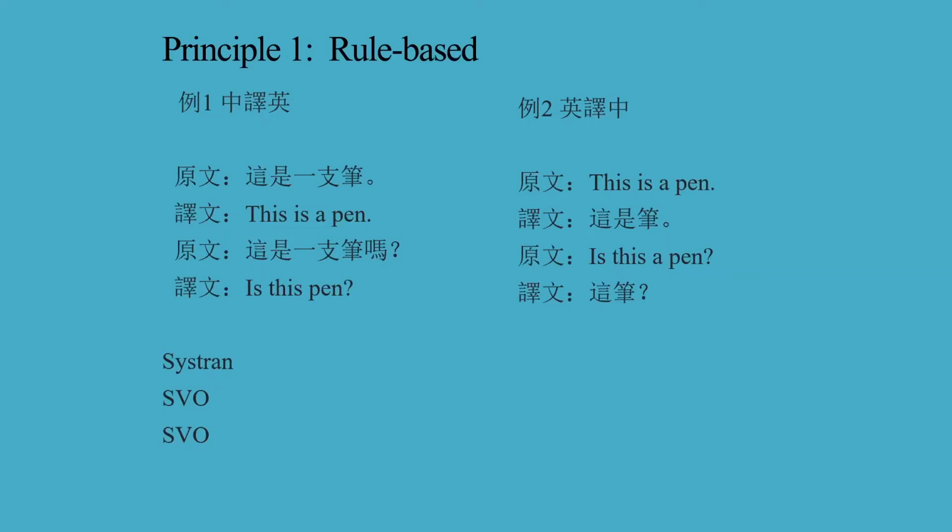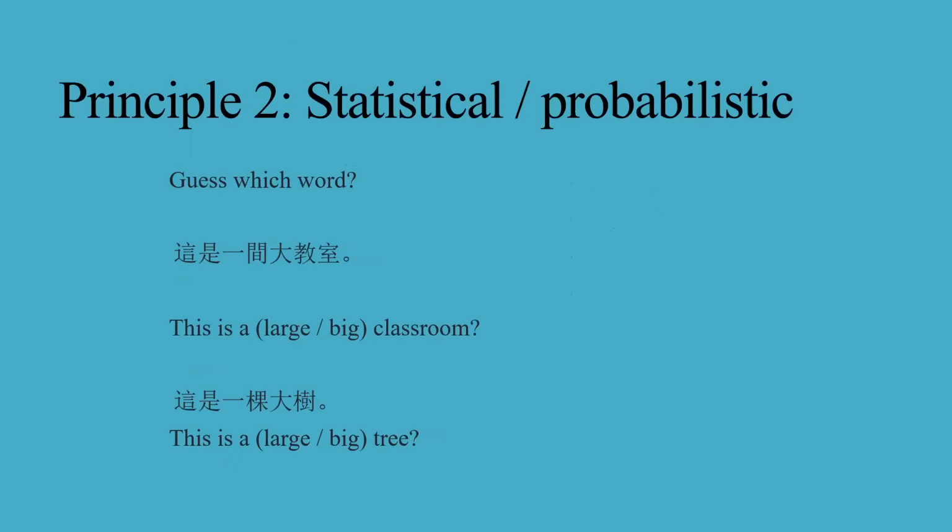The second approach is the statistical or probabilistic approach. For example, we can see the Chinese being translated into English. For the first translation, perhaps we can use either large or big. This is a large classroom is acceptable in English. This is a big classroom is also acceptable.